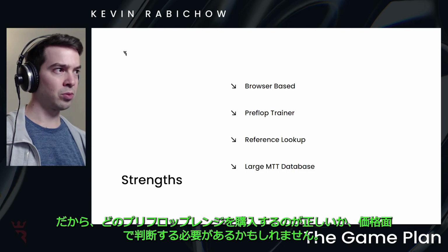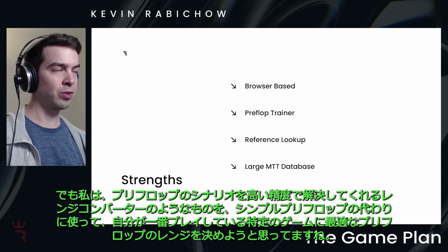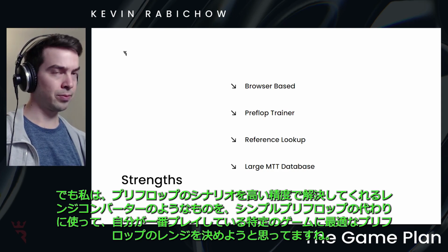But I would use something like Range Converter, which has specific preflop scenarios solved to a great degree of accuracy, in place of something like Simple Preflop for determining the best preflop ranges for the specific game that I'm playing the most of.